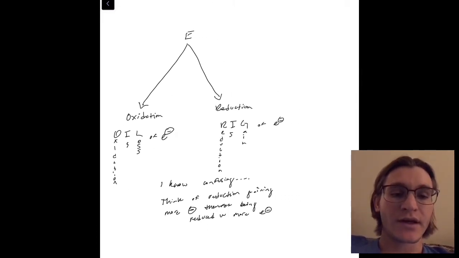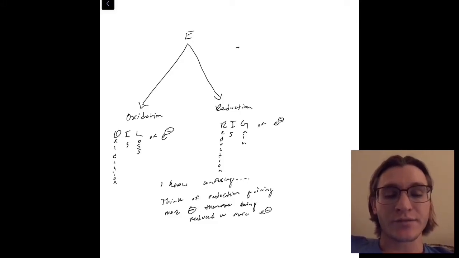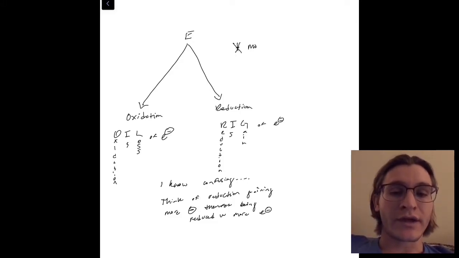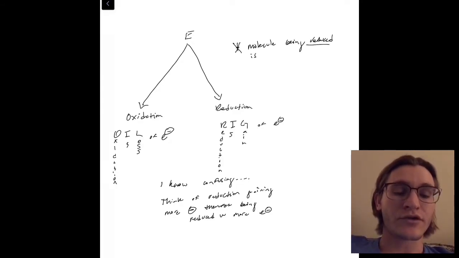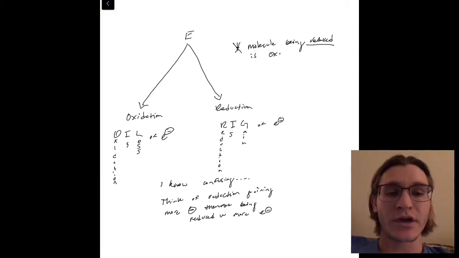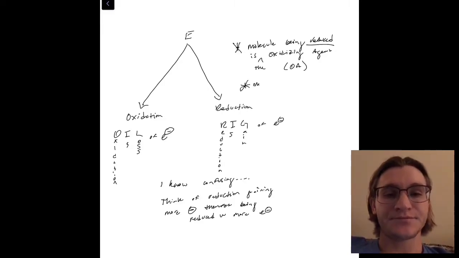I said a positive redox potential would signal a good oxidizing agent. An oxidizing agent is a molecule being reduced. So a molecule being reduced is a good oxidizing agent. I know that's confusing, but it's just flipped. A molecule being oxidized would be a good reducing agent.